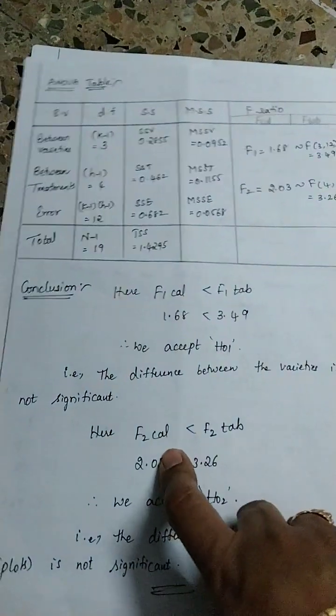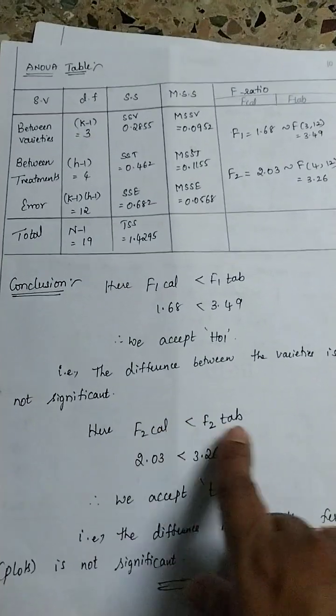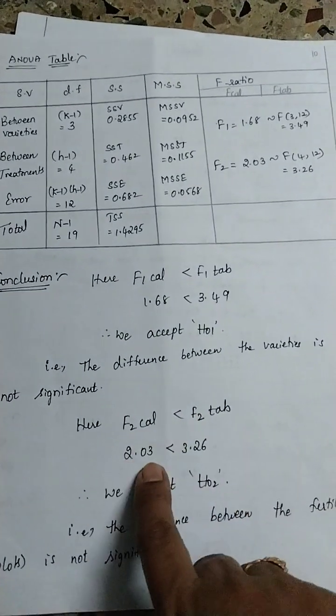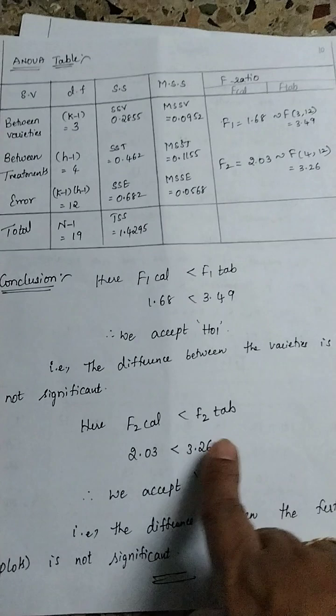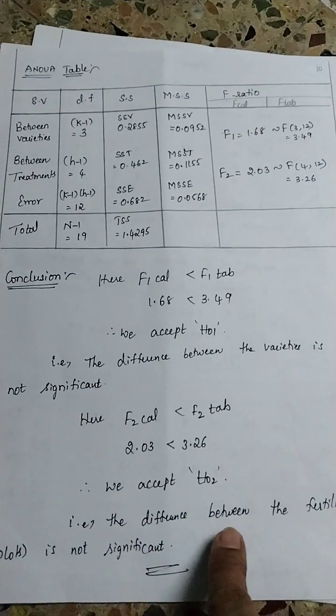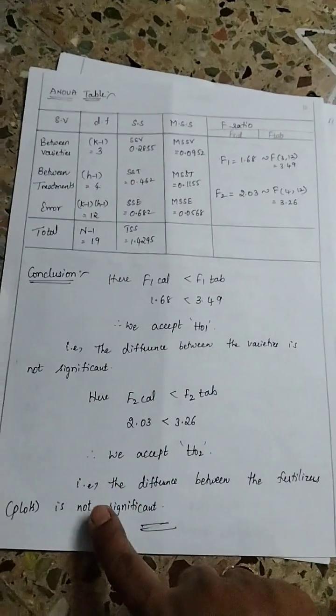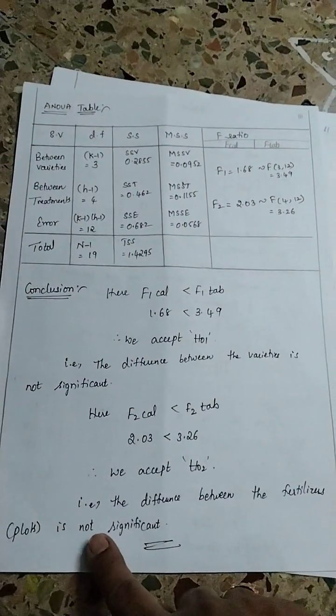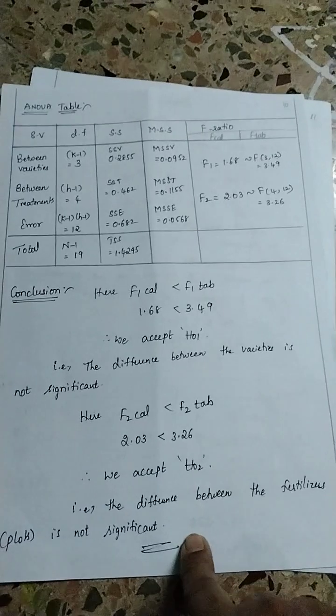And the second one: F2 calculated value is less than F2 table value, that is 2.03 is less than 3.26. Therefore, we accept H02. The difference between the fertilizers, that means plots, is not significant.